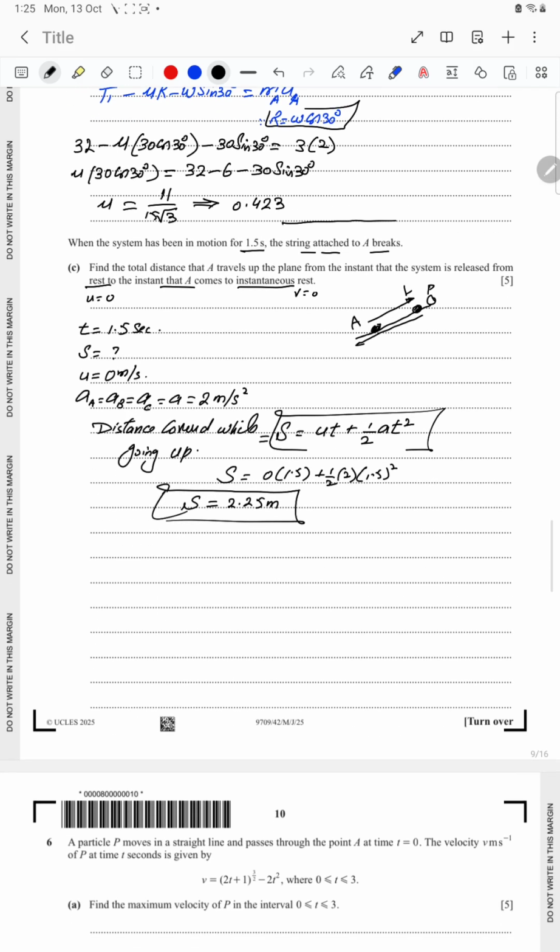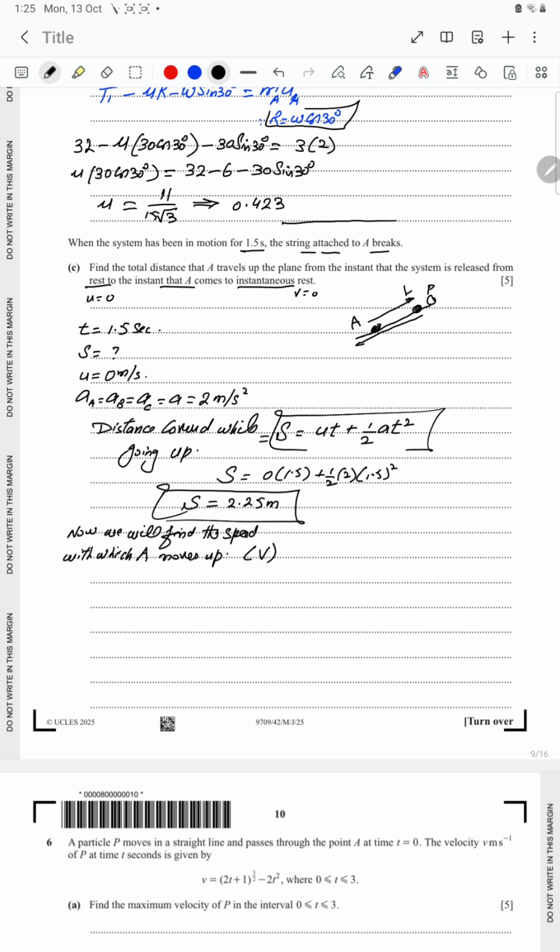Now we find the speed with which A moves up, the final speed at this point.